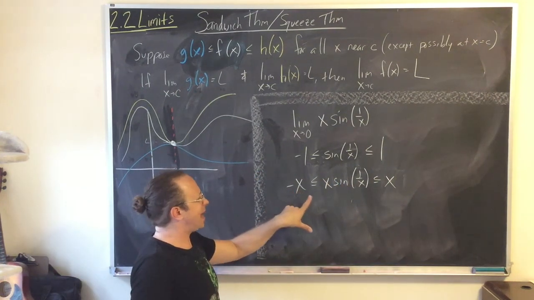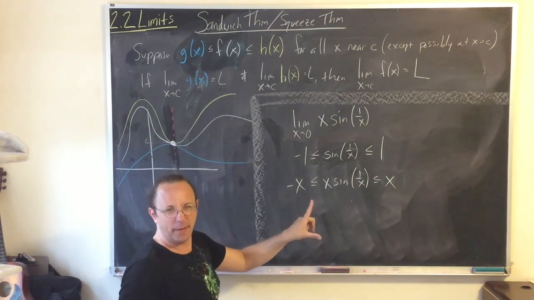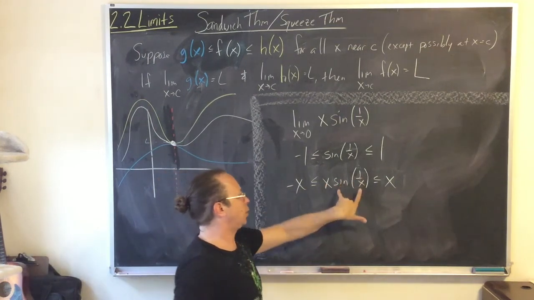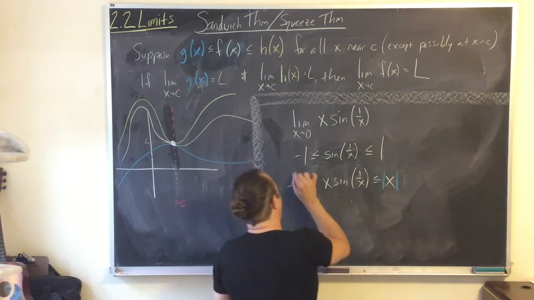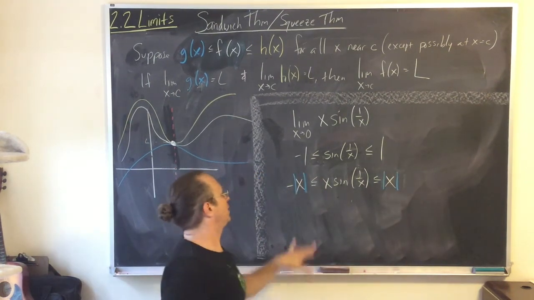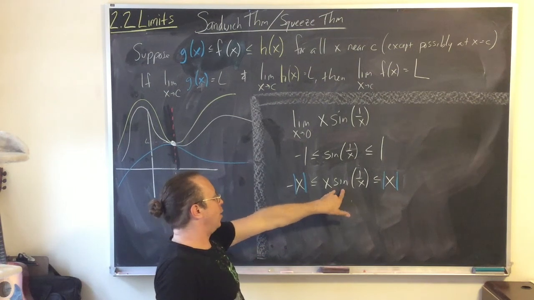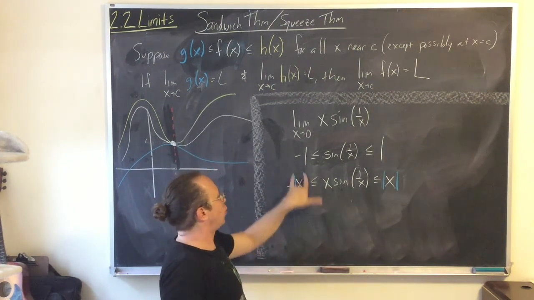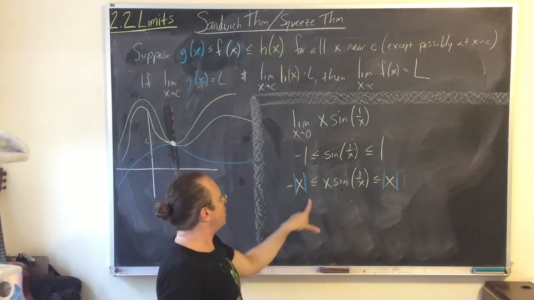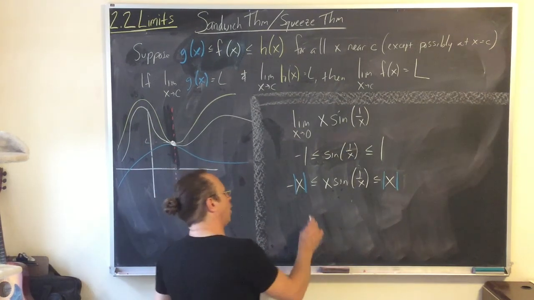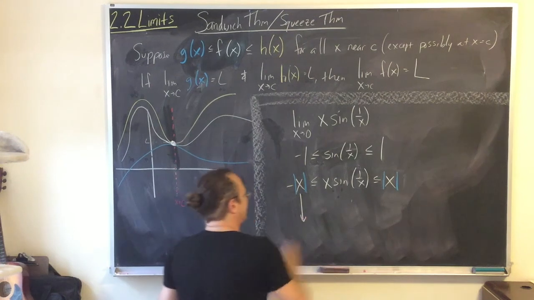Now, technically, if x is a negative number, I would have to turn all these inequalities around. So let's be careful and let's put absolute values on these x's. I can leave this guy alone because I'm making sure that I multiply by a positive number and not a negative number.